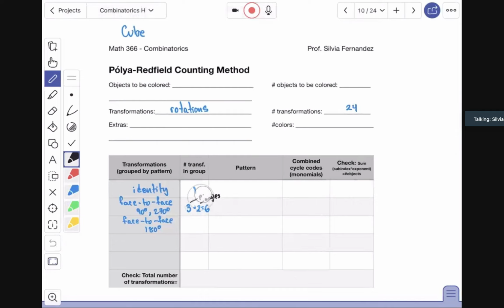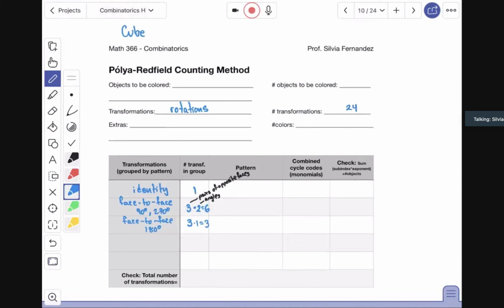So that's 6 of them. Okay, then this one, face-to-face, is the same thing. It's 3 of them times 1 angle, right? 3 times 1, just 1 angle. So far I have 10, I'm missing 14.